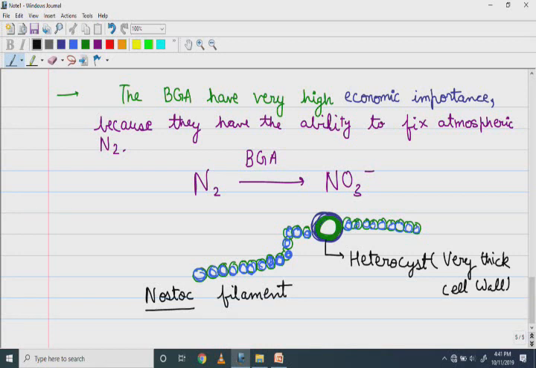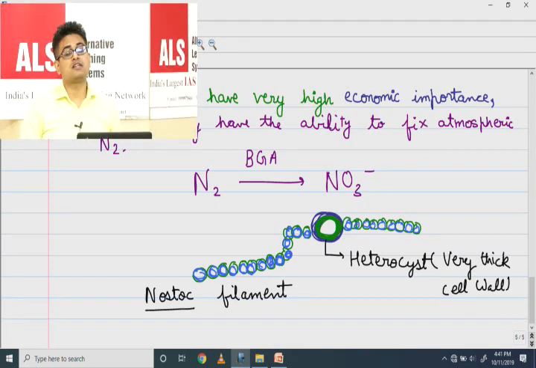In CBSE, the question is asked, which cells in nitrogen fixing blue-green algae can fix nitrogen? Actually, every cell can fix nitrogen, but there is a problem. The enzyme which fixes the nitrogen can function only in conditions of oxygen deficiency. So if they try to fix nitrogen in air, the oxygen will not let the enzyme function.